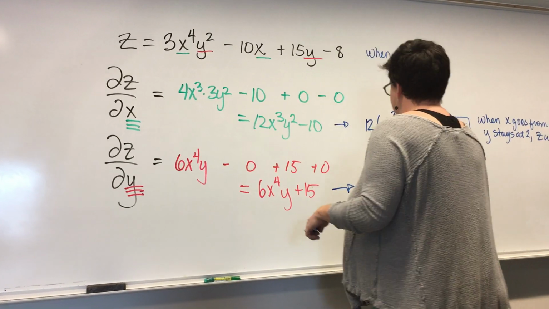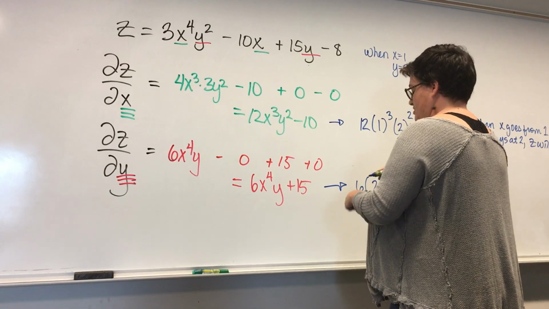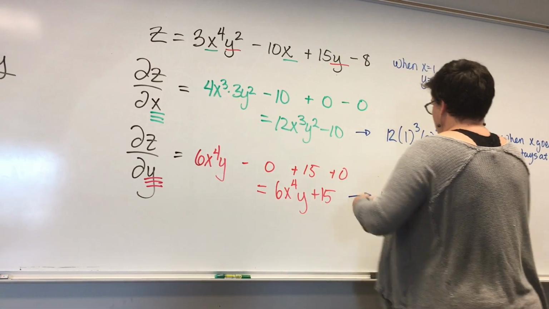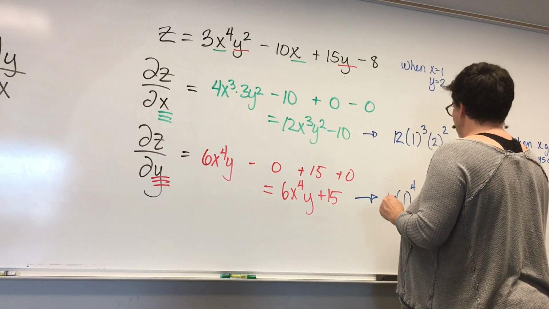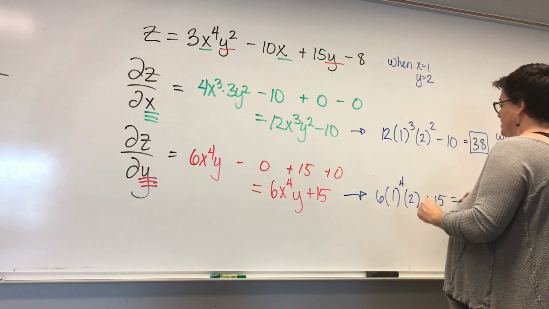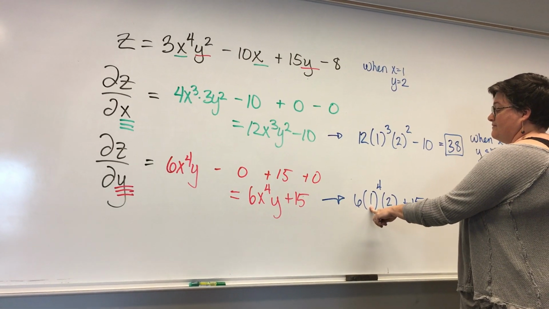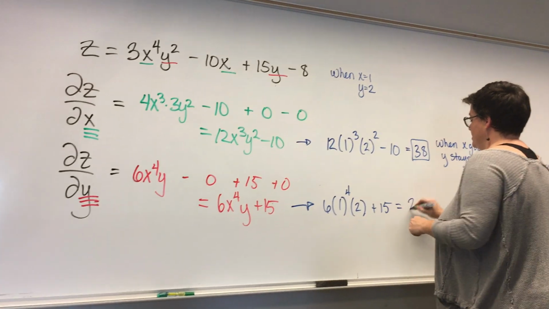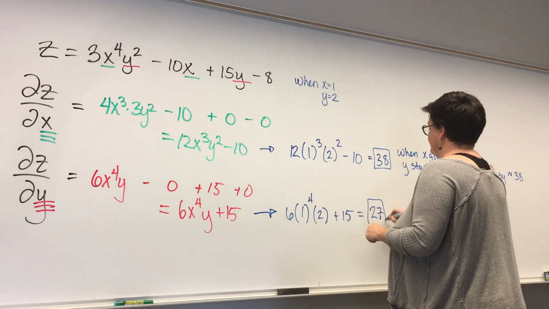So let's do 6 times 1 to the 4th, my apologies. 1 to the 4th times 2 plus 15. Well, 1 to the 4th is 1. 6 times 1 times 2 is 12, plus 15 is 27.